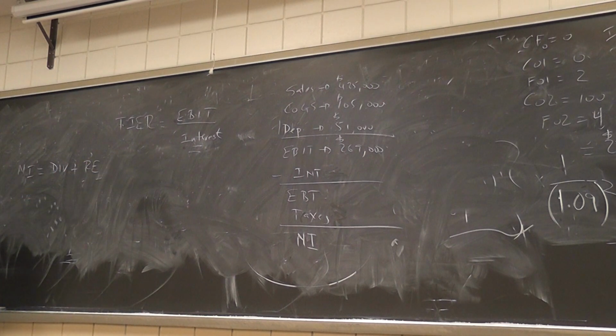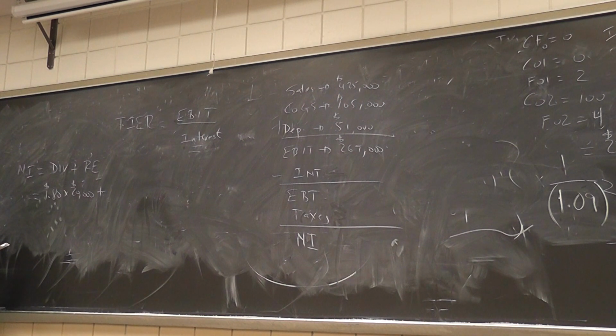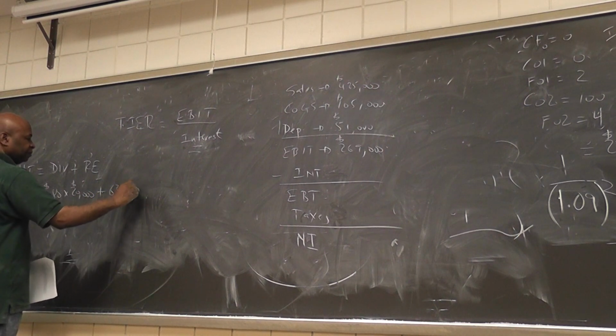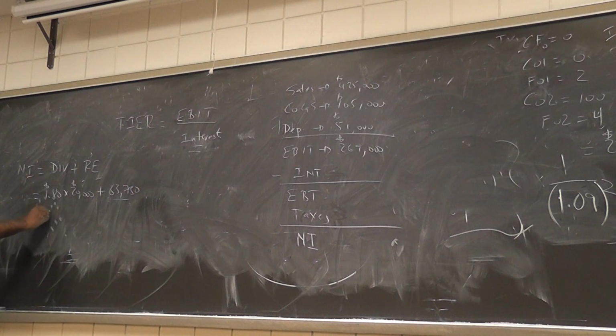Do you agree? And then plus retained earnings, it's given, 63,750. So net income is $99,750.